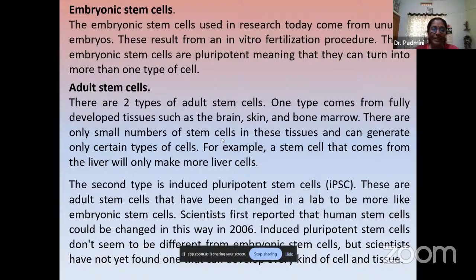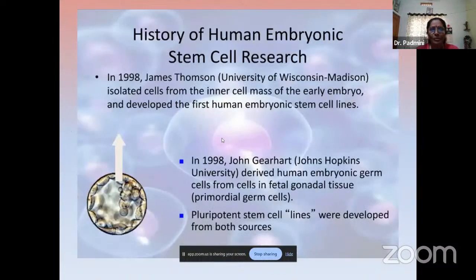Though of course, scientists are yet to find one cell that can develop into different types the way embryonic stem cells do. So we'll talk a little bit about the history of human embryonic stem cells. In 1998, James Thomson isolated cells from the inner cell mass of the embryo, which you can see over there, and developed the first human embryonic stem cells.